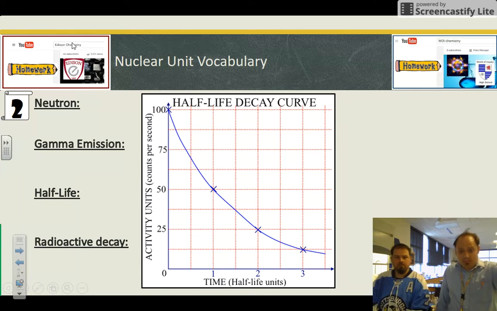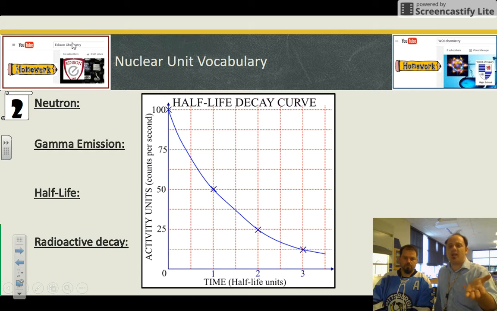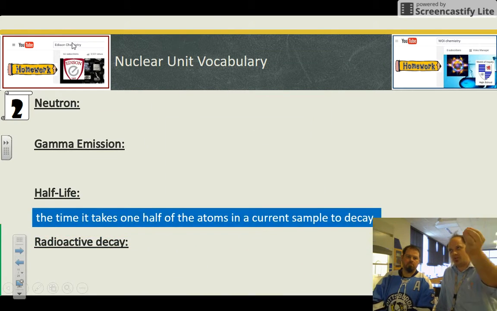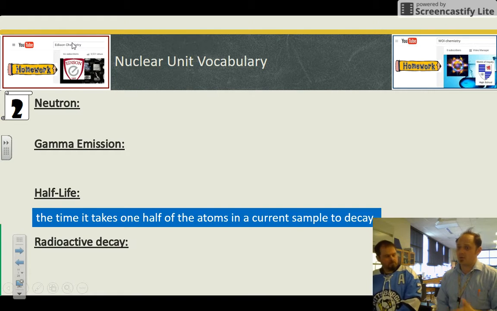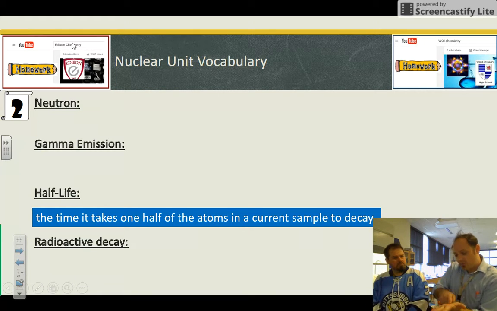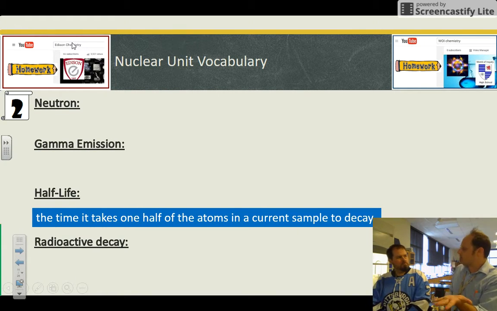Half-life. That's the decay curve. Every half-life decay curve will look identical to this one. So it goes from 100% to 50% to 25%, et cetera. Half-life itself is the amount of time it takes for half of the atoms in a given sample to decay. If I had one atom in my hand, I would not be able to tell you precisely when it would go through a radioactive decay.